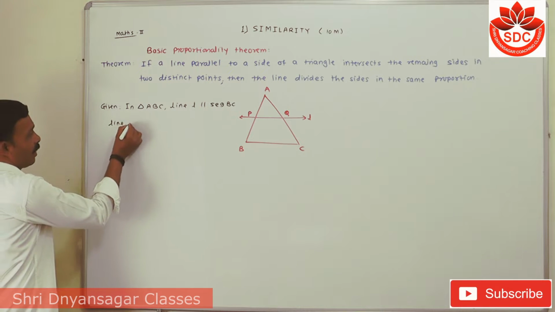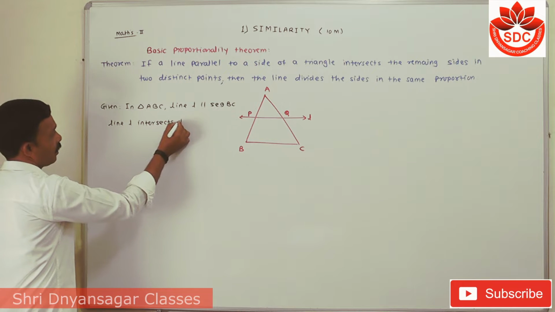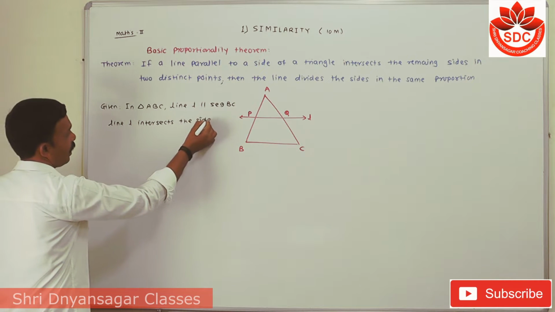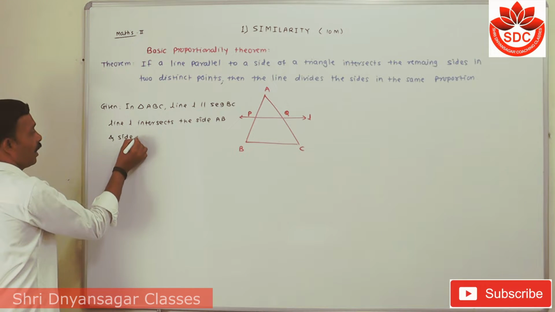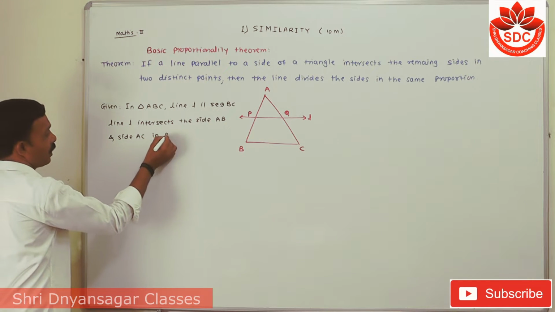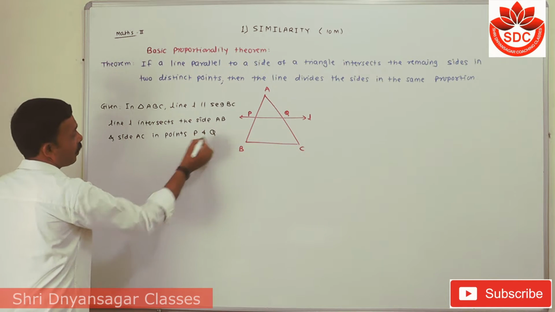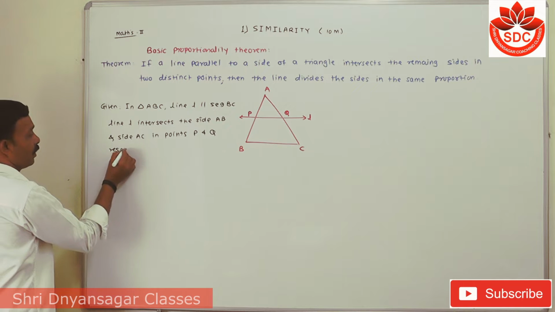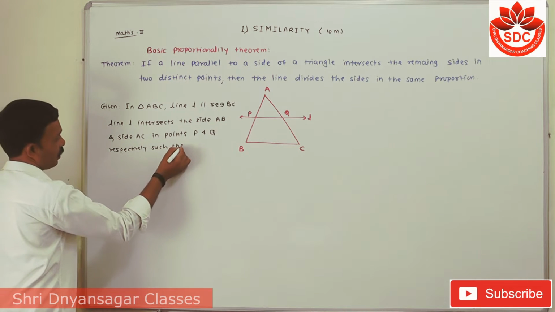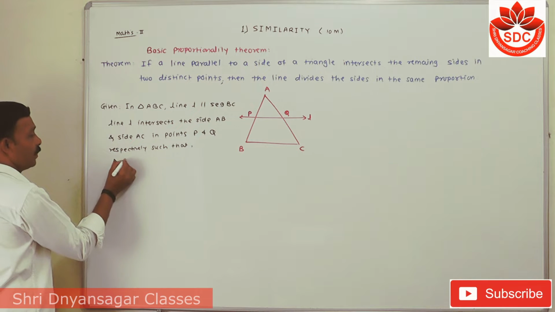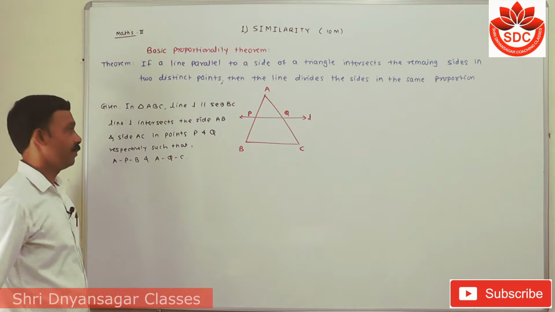Line L intersects the side AB and side AC in points P and Q respectively, such that A-P-B and A-Q-C.